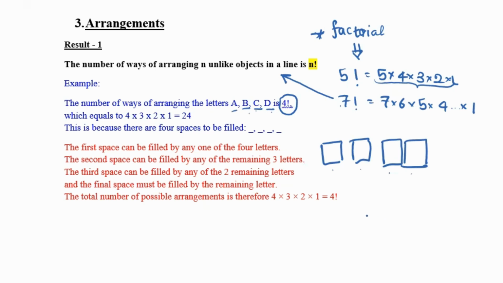Now think, there is no proper order. It doesn't say to put A at the front or B at the front. So we can put whatever letter we want in whatever place we need to. So we have 4 places and we have 4 letters. Let's take it one step at a time, one box at a time.